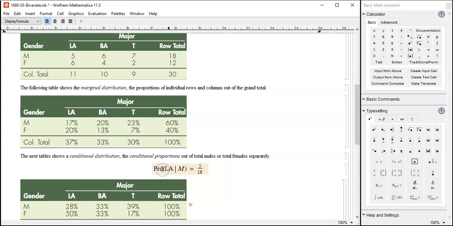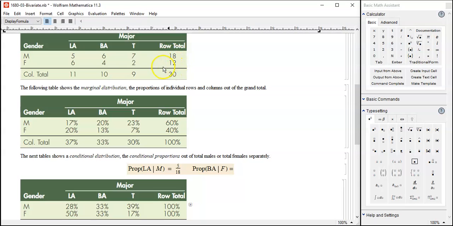So proportion of liberal art. I used liberal art before, so let me use something else. Business. And this time women only. So this time total is 12. So we are not considering men at all, just women only.